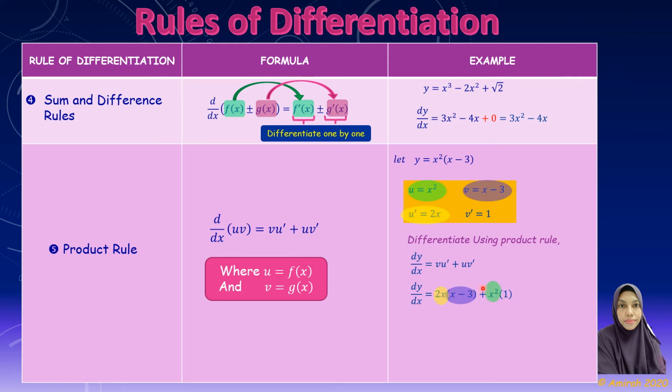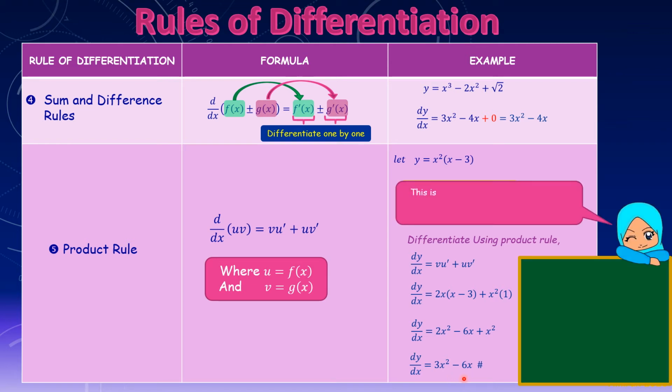Okay, like this. This is v and we substitute here. This is u prime and we substitute here. This is v prime, we substitute here. Okay, and then we simplify it, and the final answer is 3x squared minus 6x.